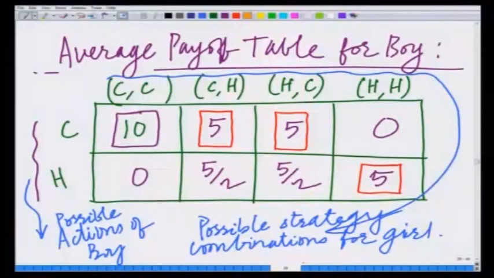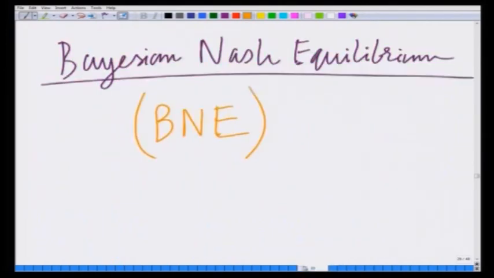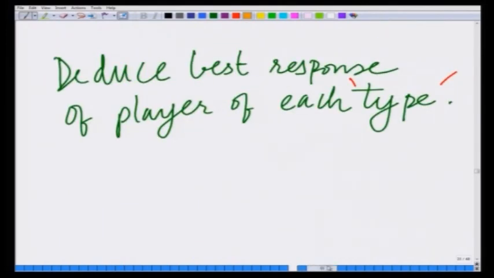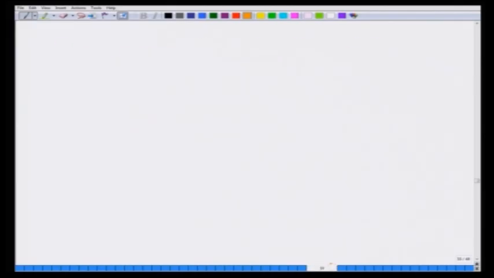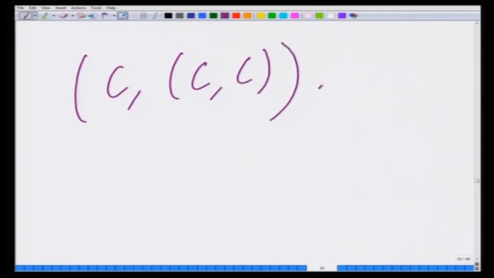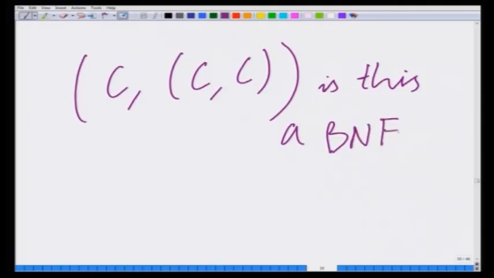Now, if you look at the best response of the boy, the best response of the boy to CC of the girl is to choose C, right. So let us check if C comma CC is a Bayesian Nash equilibrium.